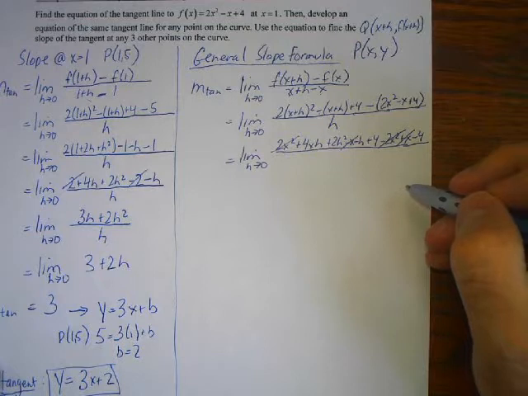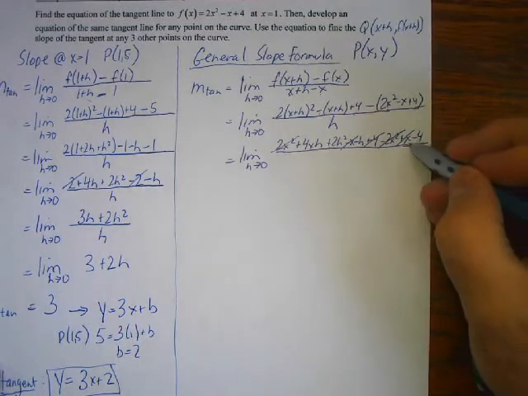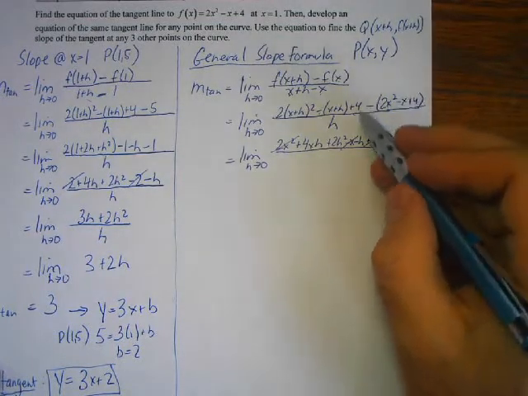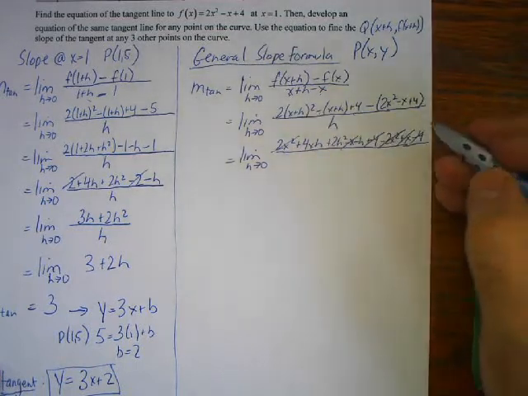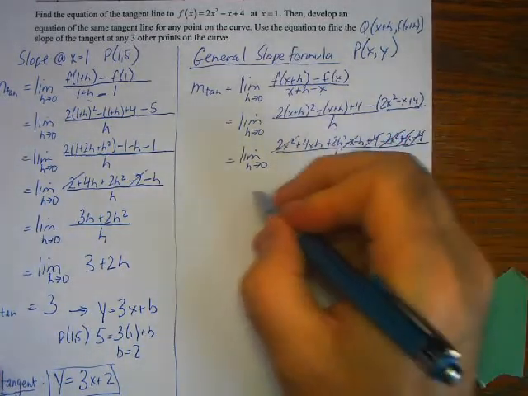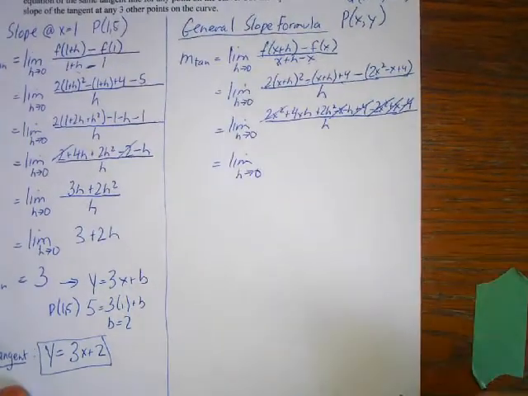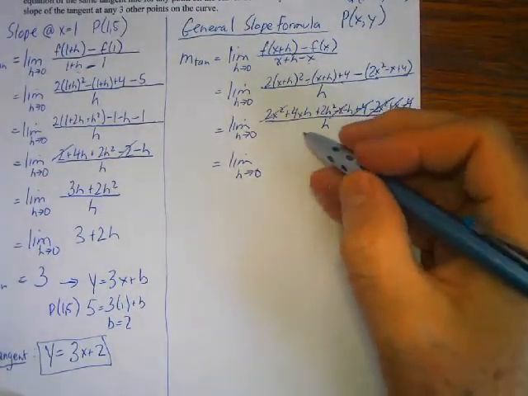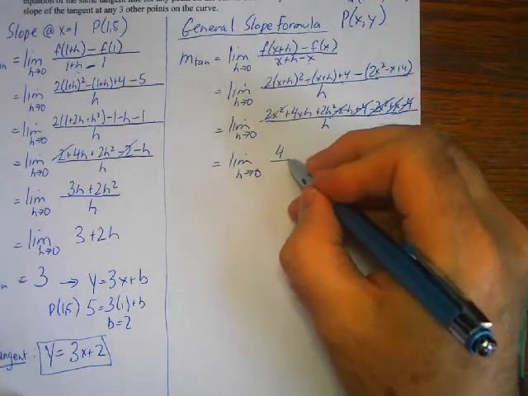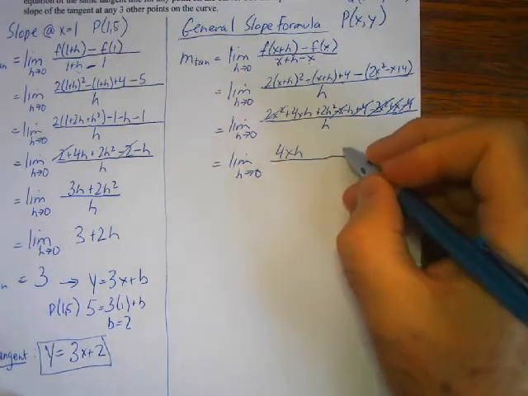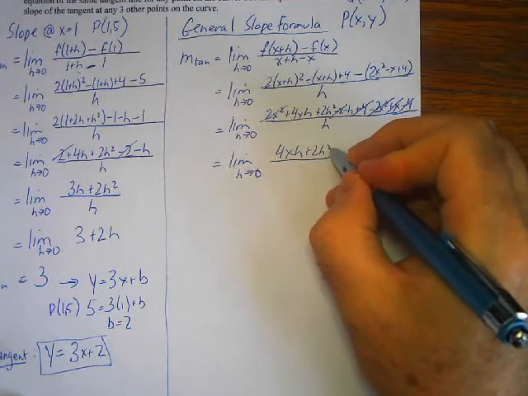So everything over here just canceled with something that was already there. And still all over h. So what do I have left? I have 4xh plus 2h squared minus h all over h.